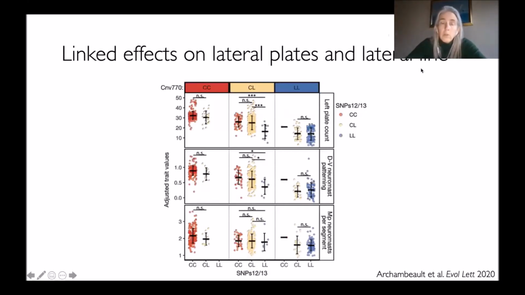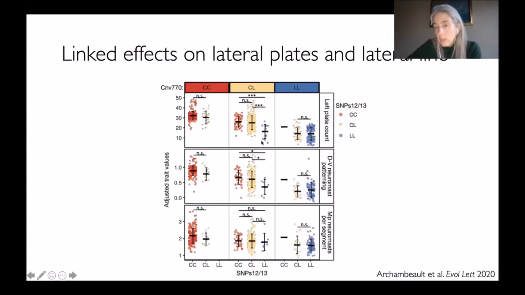So these are the genotypes at one of these length polymorphisms or indels. And so again, CC fish have more plates than CL fish, which have more plates than LL fish. But if you look at the SNP on the right-hand side of the haplotype, in these CL heterozygotes, if they're LL at this SNP 1213, there's actually a reduced number of plates.